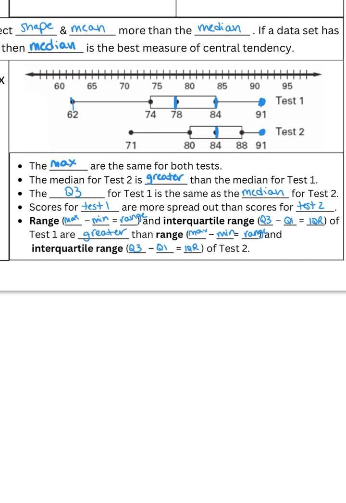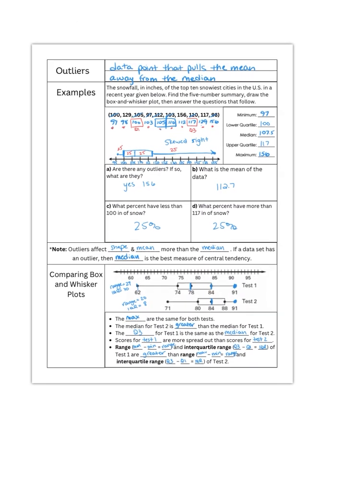It's like 29, I think. The IQR is 84 minus 74, which is 10. And the range down here is 20, and the IQR is 8. Okay, so those are the types of questions you need to be able to answer. If you have any questions, just let me know.